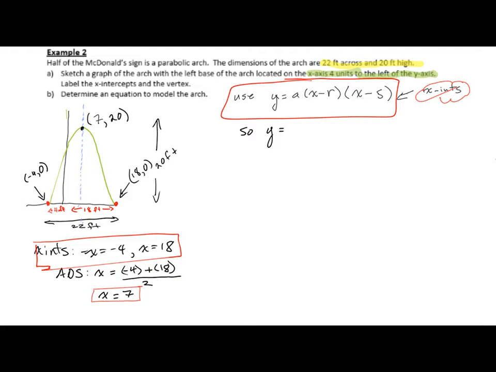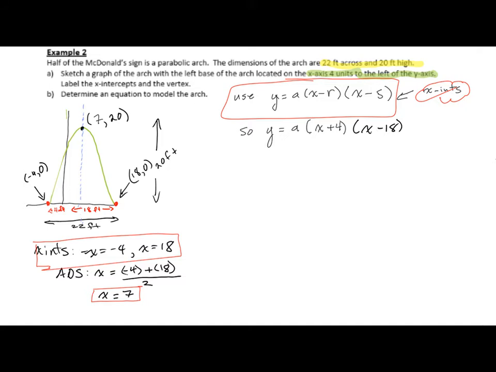If we substitute what we know in there, we don't know what a is, but we do know that our r value is going to be +4, since we have to do the opposite for each intercept. So if x was equal to -4, we really need to say x plus 4 in the bracket. Next, for the second bracket, we're going to get x minus 18, and we're still applying the opposite rule based on what we talked about before.